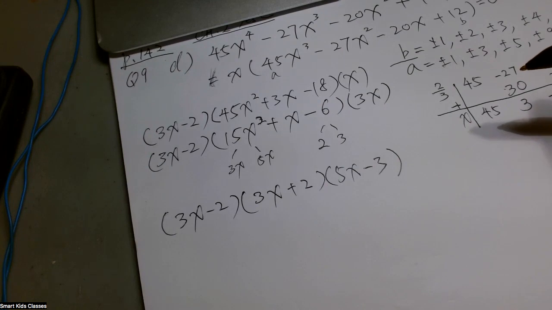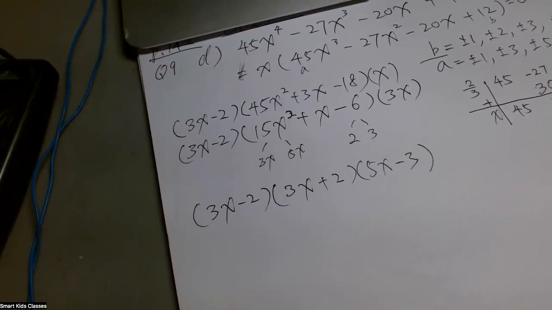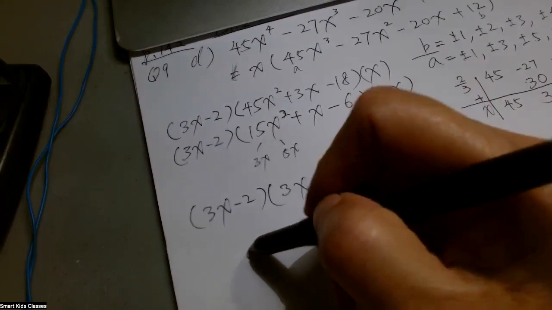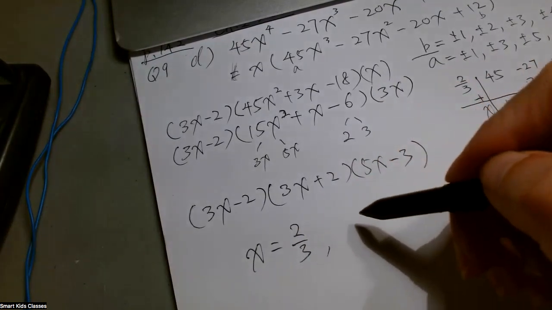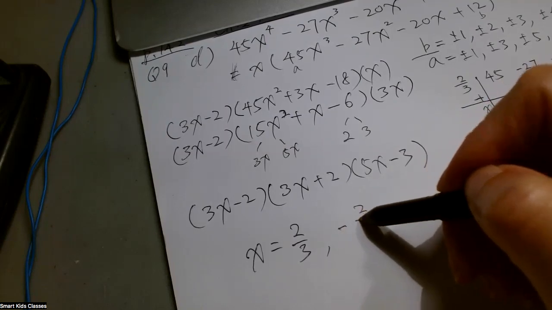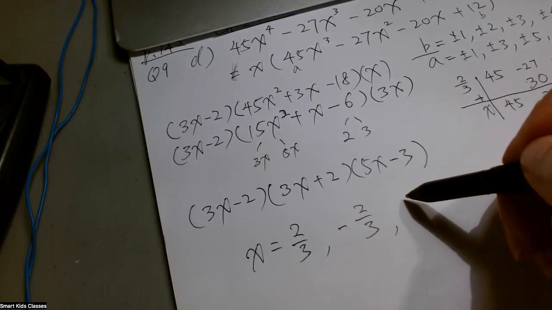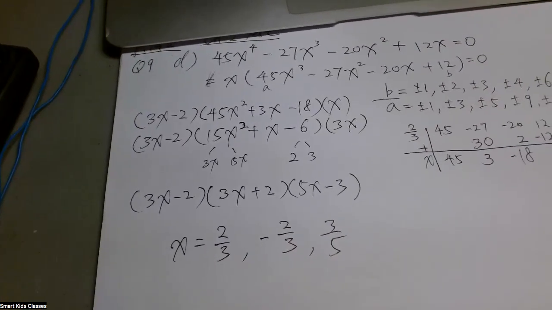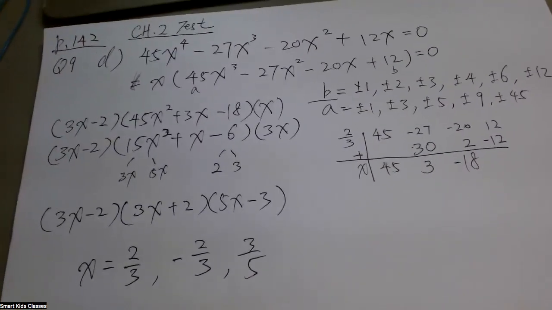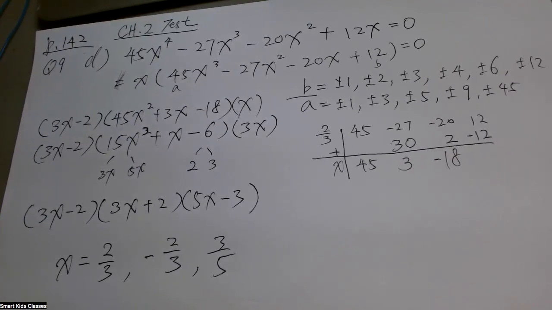That's how we factor it. And what is the x value? You're going to write x equals 2 over 3, negative 2 over 3, and 3 over 5. And that's how we solve question 9D for the test.